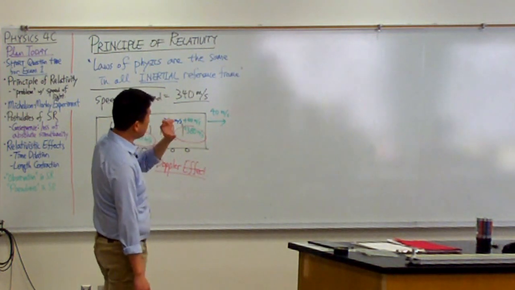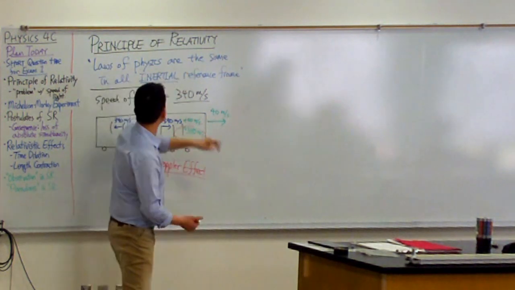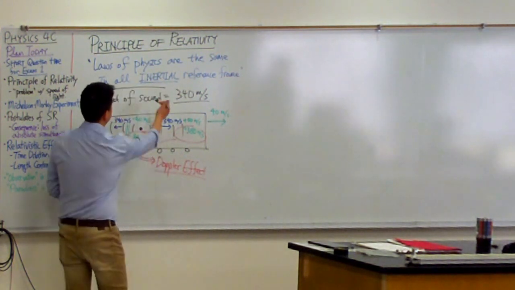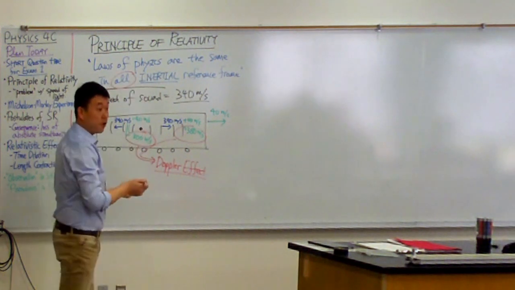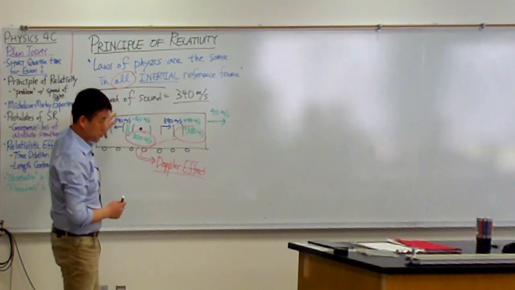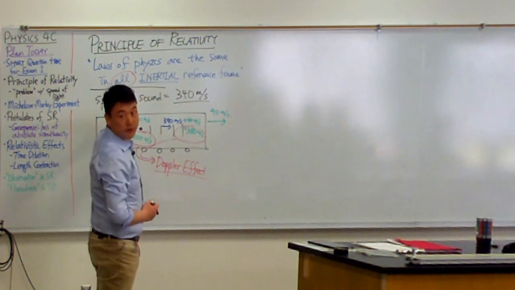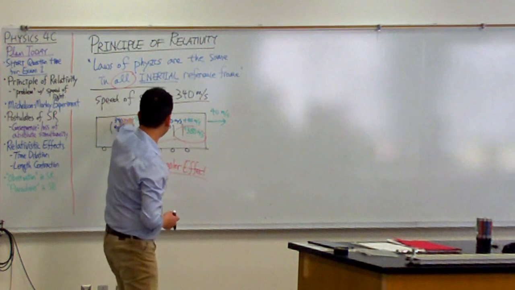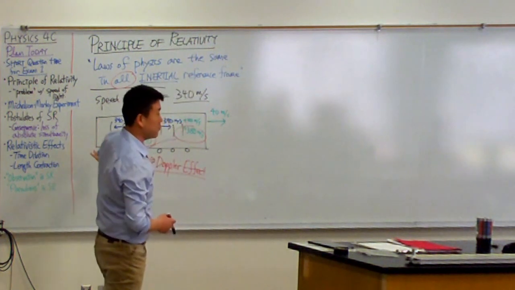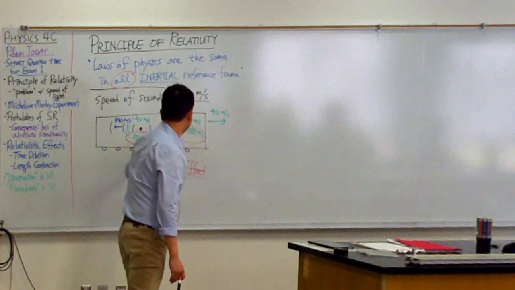Let me slightly reword this. Given that the laws of physics are supposed to be the same in all inertial reference frames, what makes this inertial reference frame special compared to where I'm standing? In this reference frame, you could say the speed of sound is 340 no matter what direction it's going, but from where I'm standing, the speed of sound changes depending on the direction.